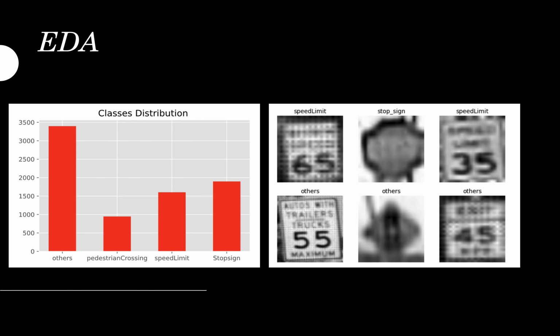Before that, I did a little bit of EDA with the dataset. On the right hand side, you can see a speed limit sign and a stop sign, which are very low resolution, and other classes there as well.